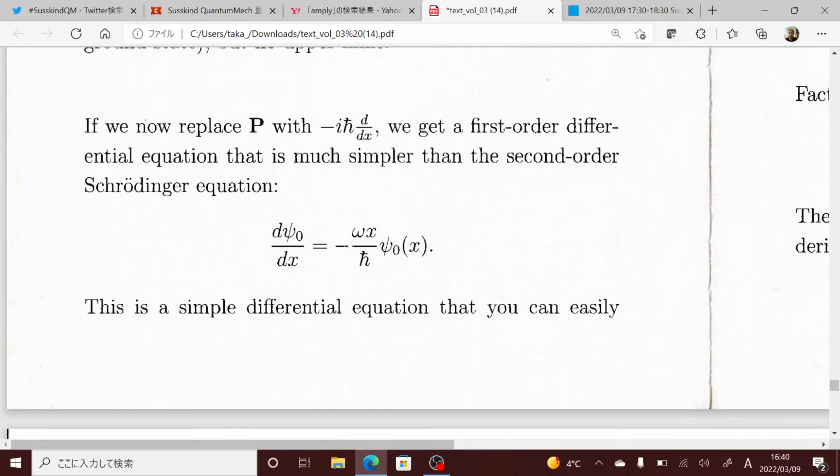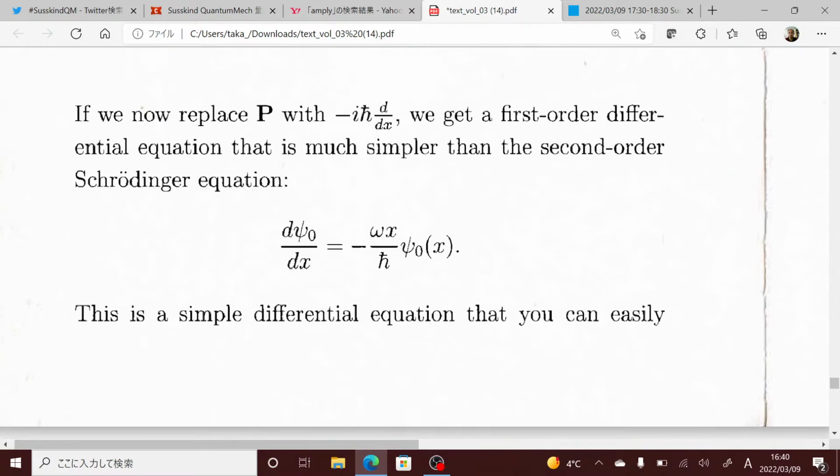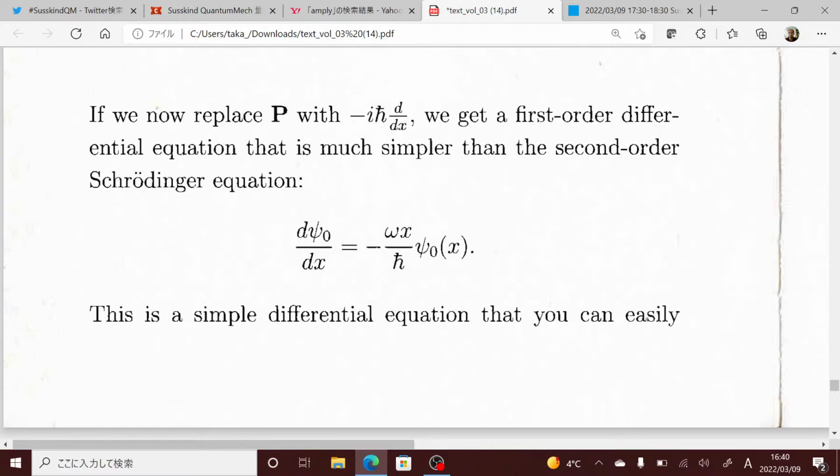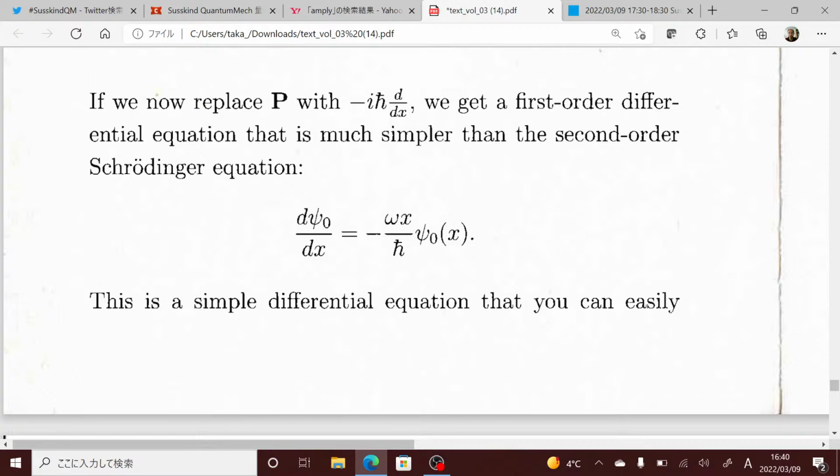If we now replace P with minus i h bar d/dx, we get a first order differential equation that is much simpler than the second order Schrödinger equation. We obtain this.